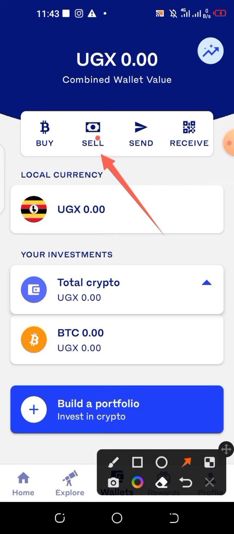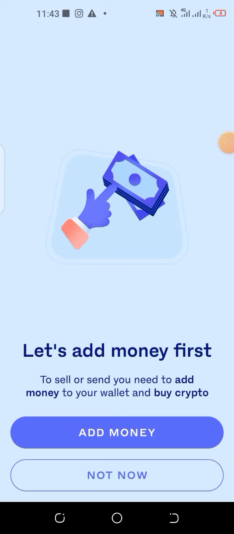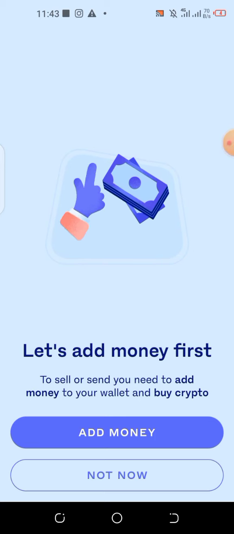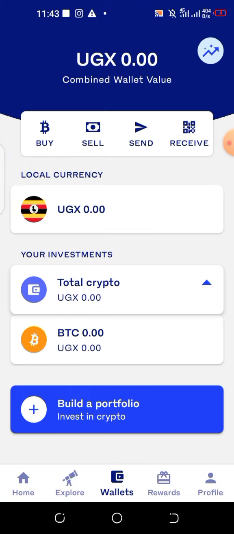When you press sell, since I don't have money there, I cannot sell anything. But when you have money here, you come to sell and choose the payment option you would wish for, and therefore you will have made money from this arbitrage opportunity.